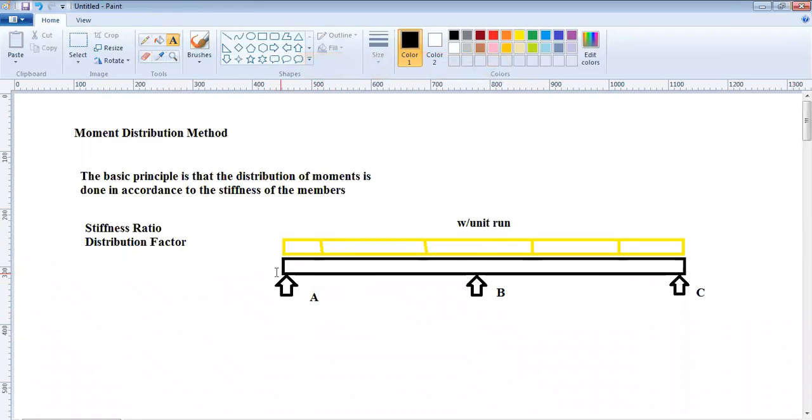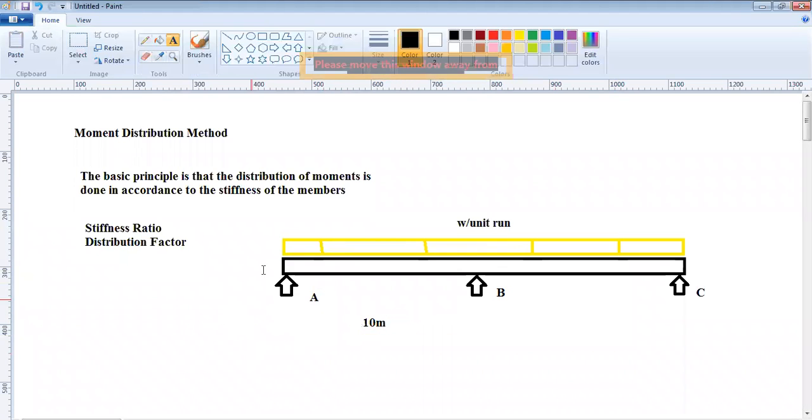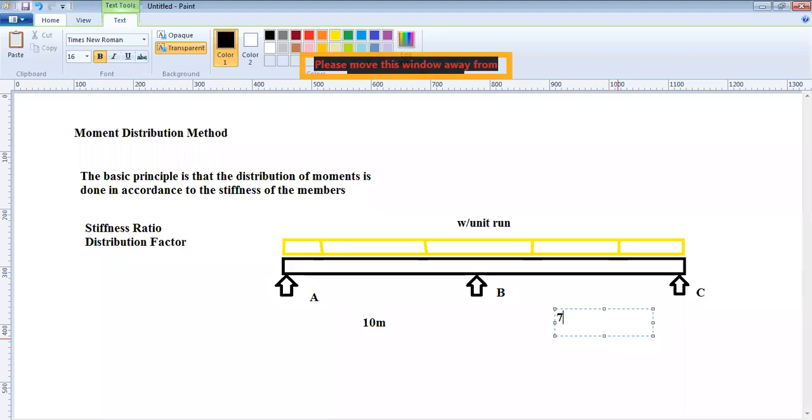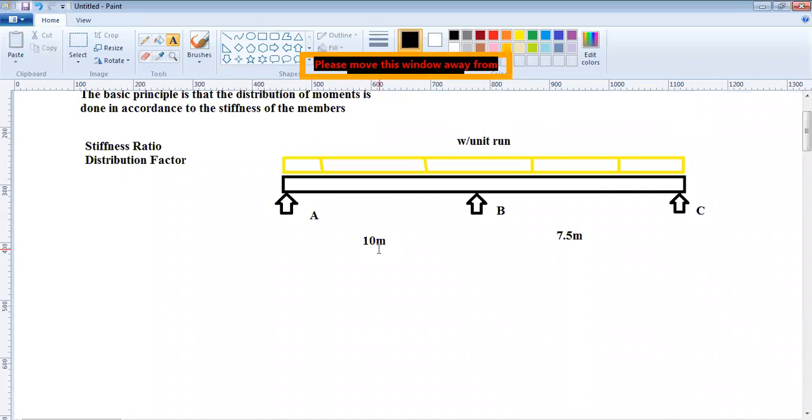For example, if this length is 10 meter and this length is 7.5 meter from the other end, I expect all of you to have calculators with you. Now, when you have calculator with you, you can do the calculations.